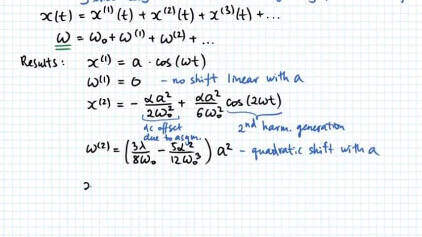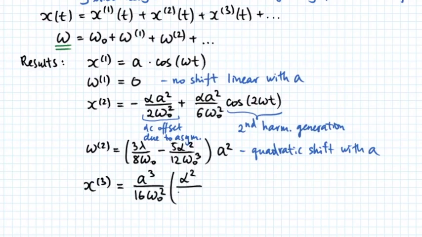And finally, for the third order displacement as a function of time, we write A to the power of 3 divided by 16 omega naught squared times alpha squared divided by 3 omega naught squared minus lambda divided by 2, multiplied by cosine 3 omega t, which is the third harmonic generation.